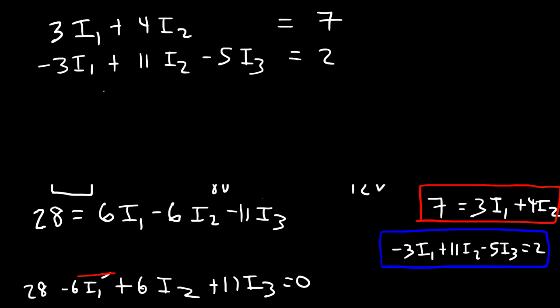Now for the last one, it's 6I1 minus 6I2 minus 11I3, and that's equal to 28. So we have three equations with three variables. So we need to use the system of equations process to get the answer.